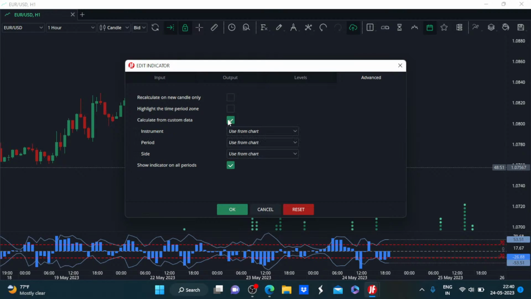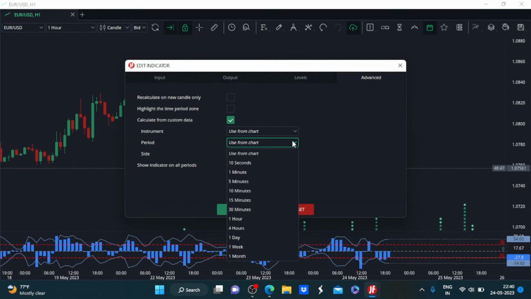Customization can also be done in terms of the instrument, candle period, and side, and depending on that, you will have this plotting vary considerably.